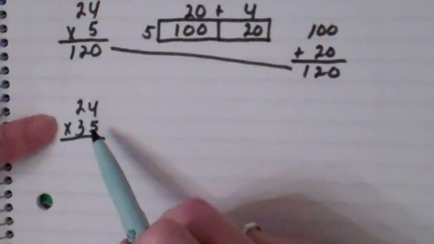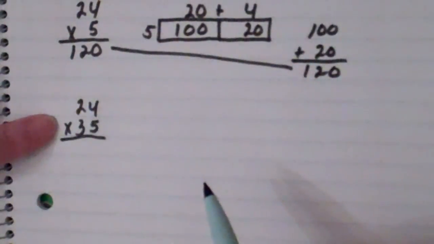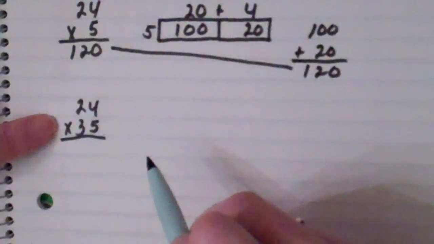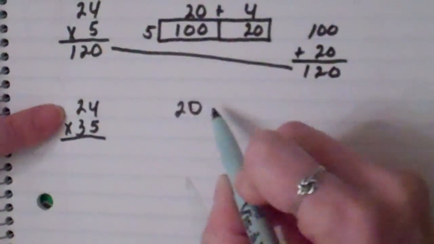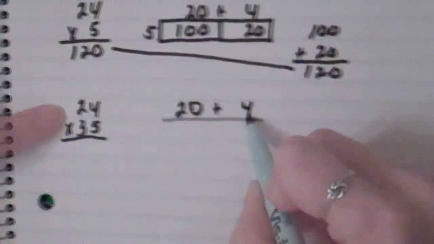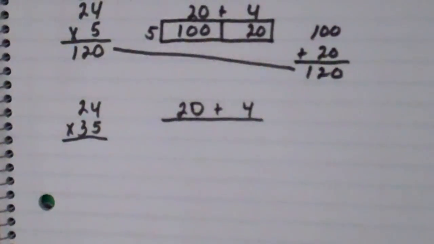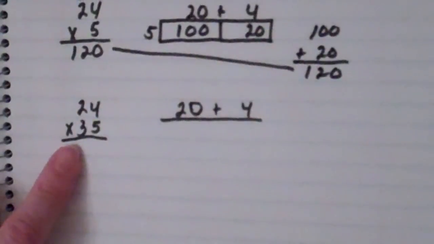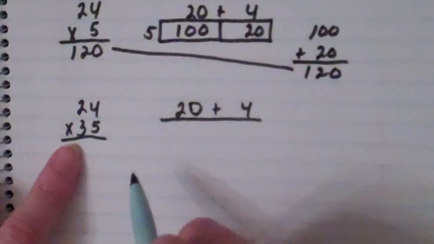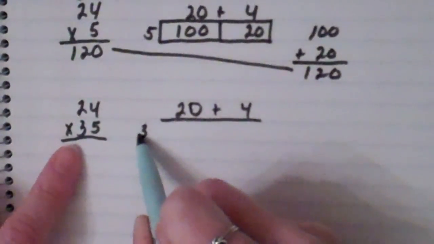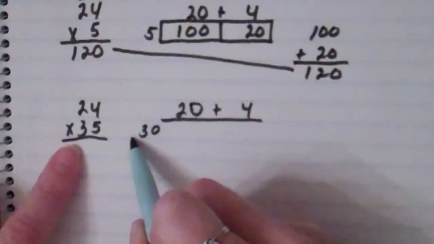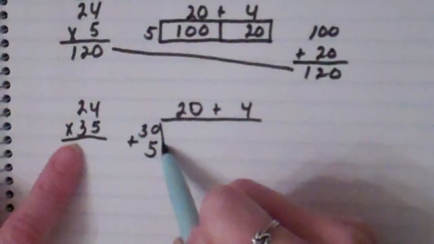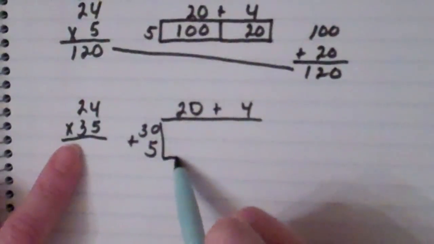And then to write it in the generic rectangle method, I take my first factor, 24, and write it in expanded form, 20 plus 4. So that's the first dimension of our rectangle. And then the second factor, 35, in expanded form is 30 plus 5. And that's our second side, or our second dimension.